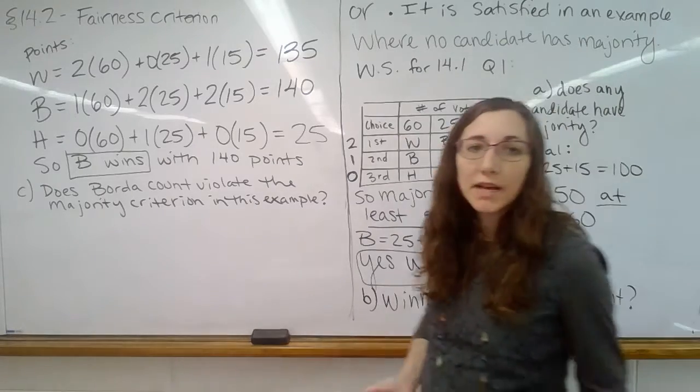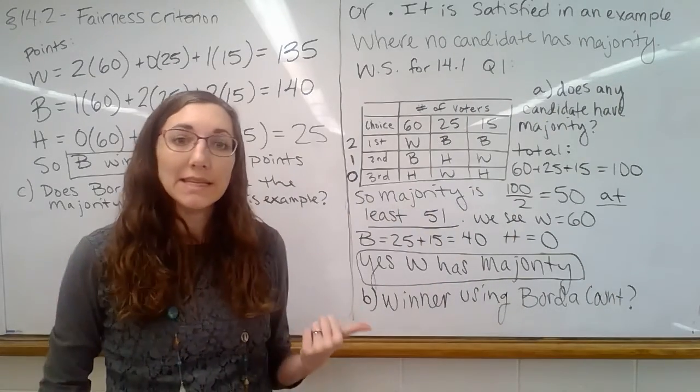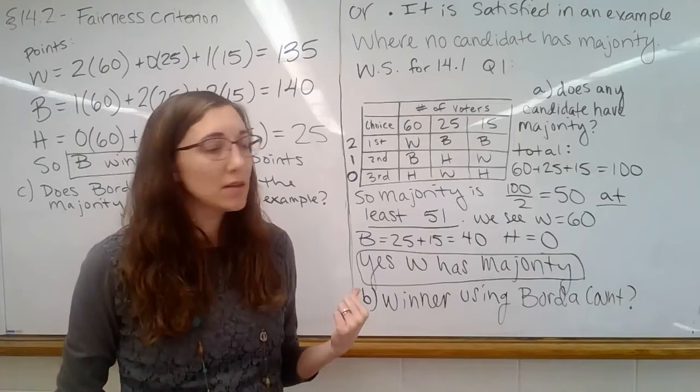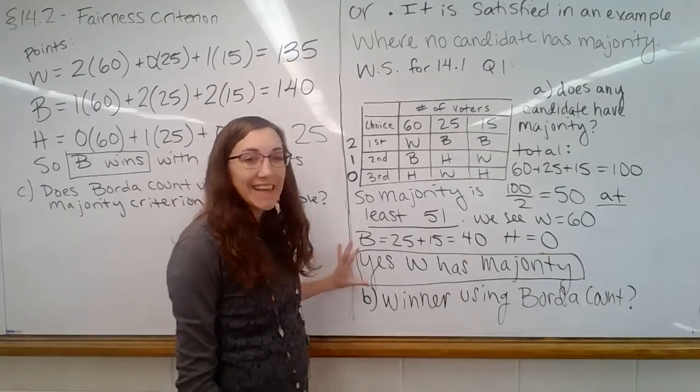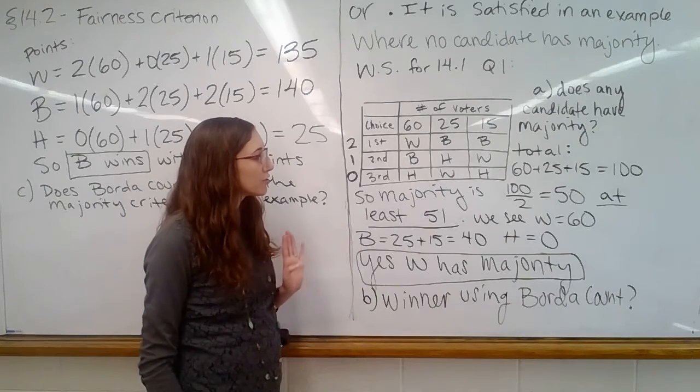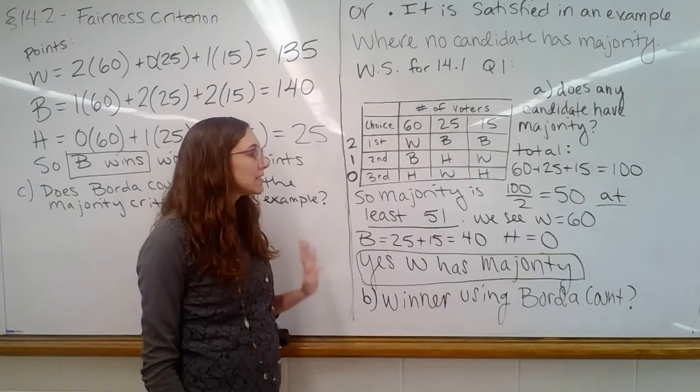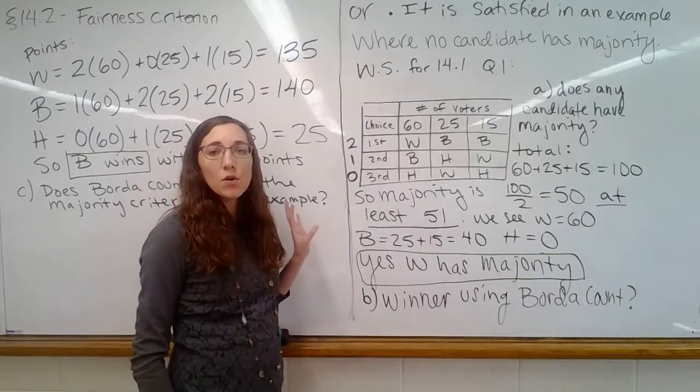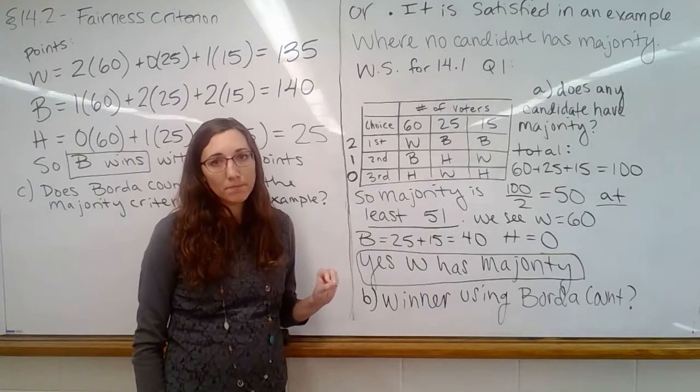Well, we first have to go back and think about, did anyone have a majority? We answered that yes, W had a majority. The Western omelet has a majority of first choice votes. So the criterion says, to be fair, Western should be the winner.